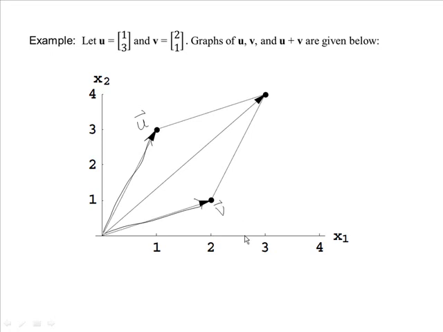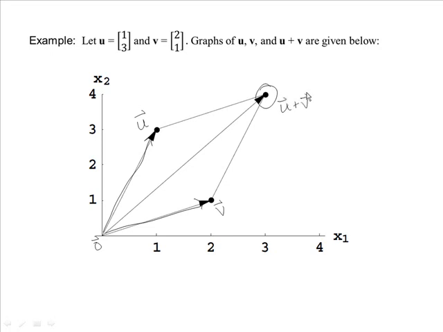And then remember that the parallelogram rule said that u plus v is the 4th vertex of the parallelogram, and this would be our 0 vector, or the origin. So we made a parallelogram here, and this right here is then our fourth vertex. And so this is u plus v.